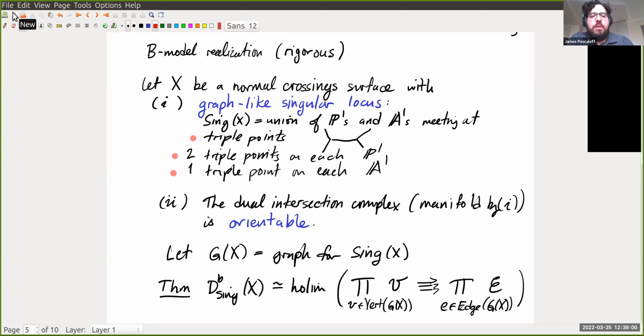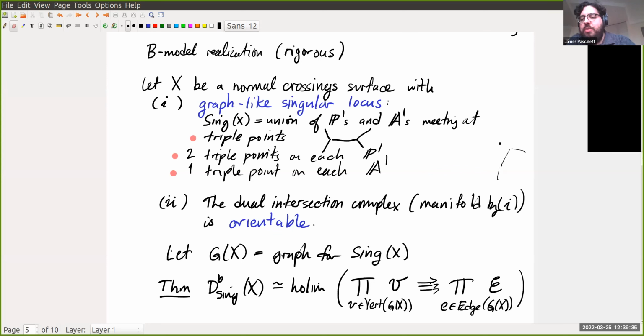For the toric Calabi-Yau, the dual intersection complex is homeomorphic to R2.